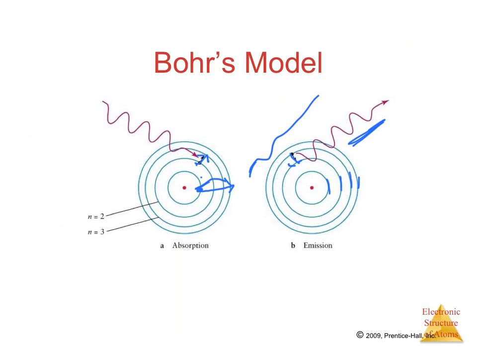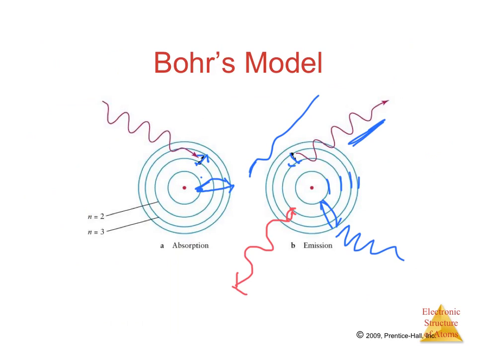Okay, so what he said is if I have a big jump like this, when I go back, I might see blue light. But if I had, let's say, an electron that went from this energy level to this energy level and back, I'm going to see that as red light because it's a lower energy, lower frequency wave.